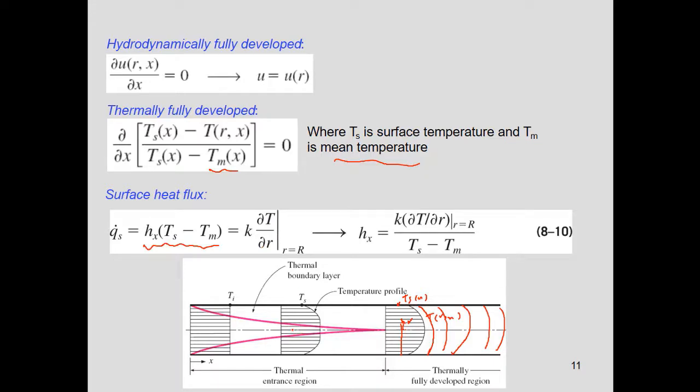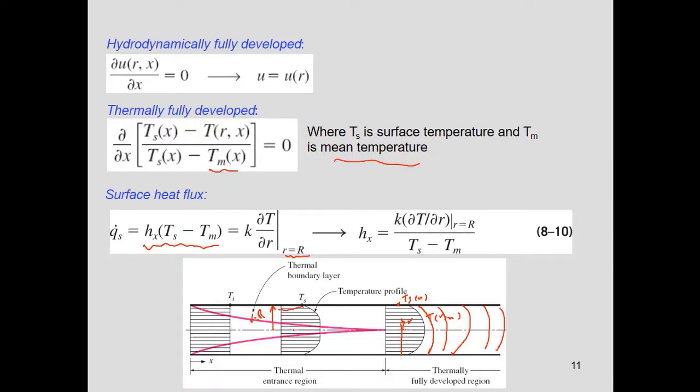The heat transfer from the center, or from any part of the fluid, to the region near the surface is by conduction. So we can write this, k ∂T/∂r, for r equal to R, at this part.